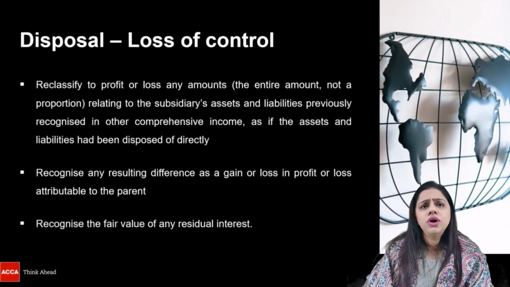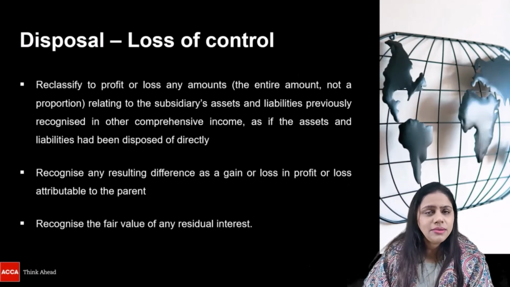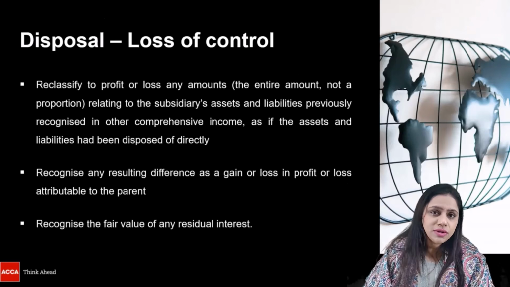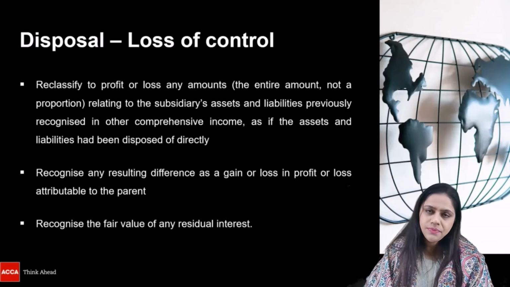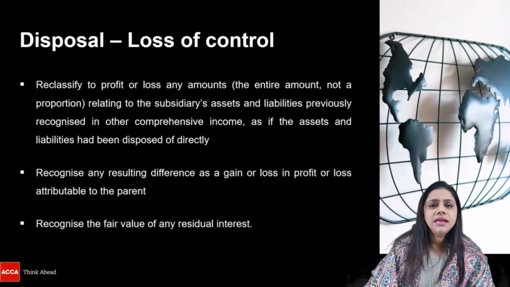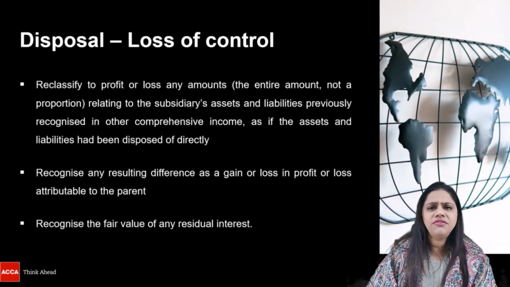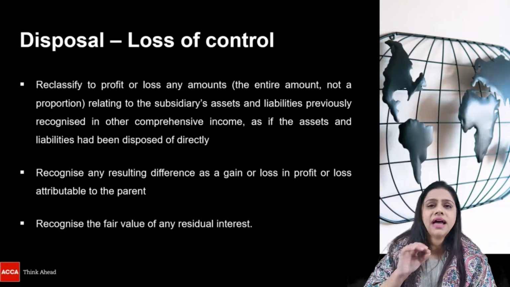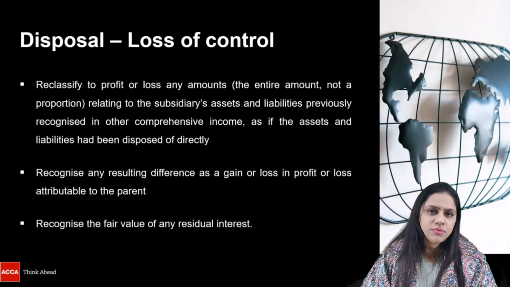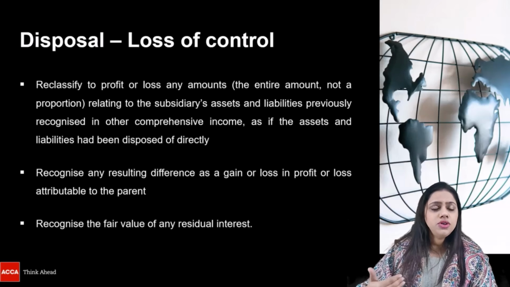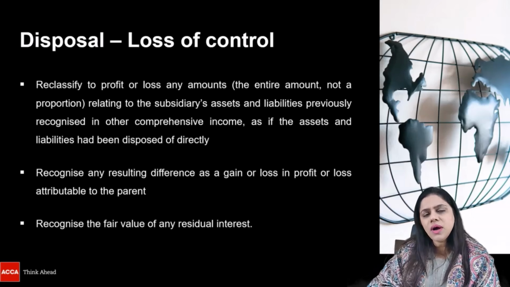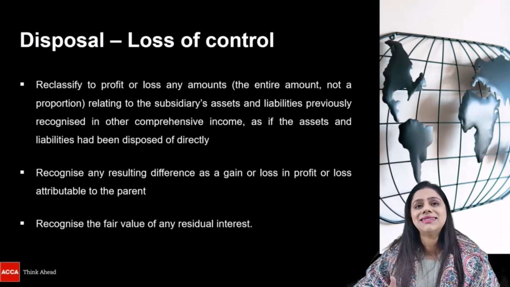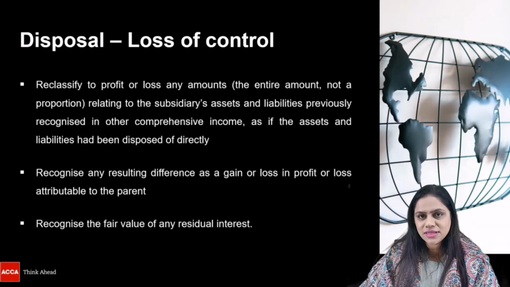Now, there are certain complications also that may come up in this. When you talk about the loss of control, another important thing comes up, and that is that you have to reclassify to profit or loss any amounts that are related to that particular investment in your other comprehensive income. Remember, the other comprehensive income mostly has unrealized gains and losses.